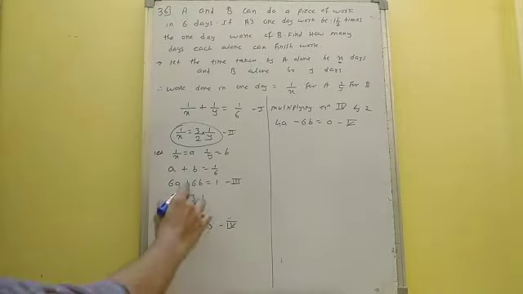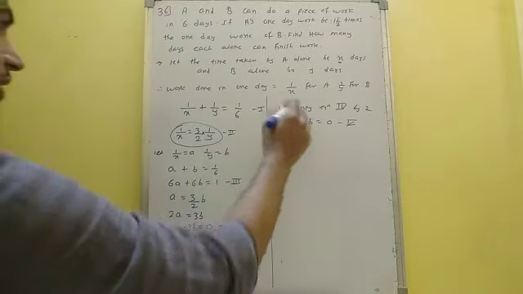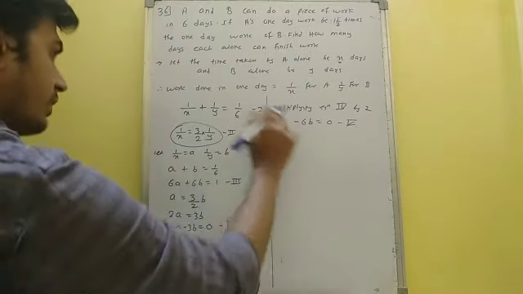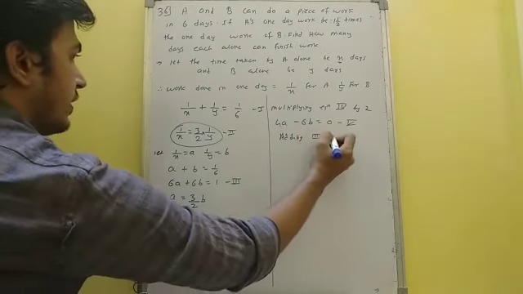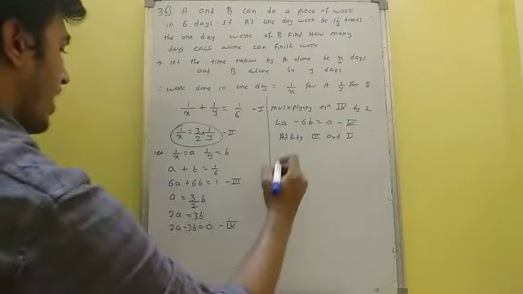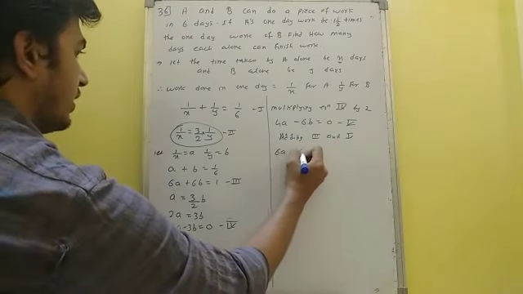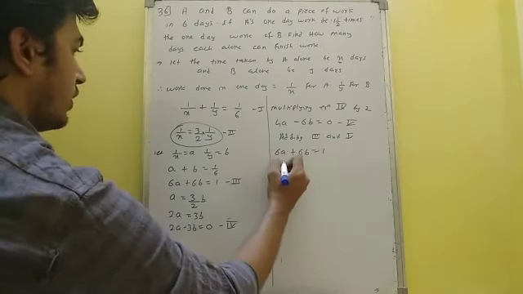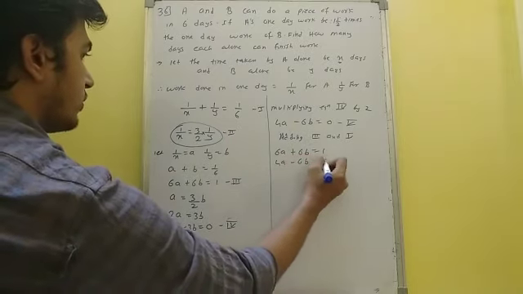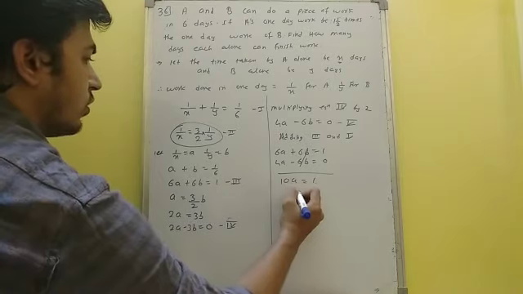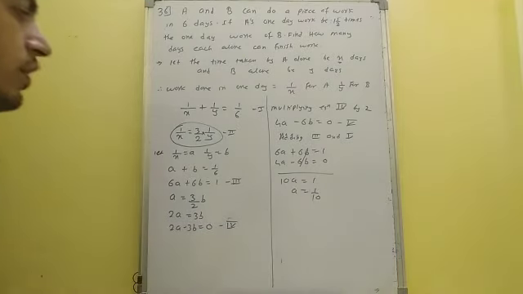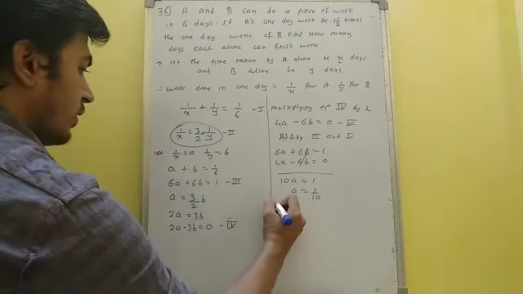Now adding equations 3 and 5, we have 6a and 4a, plus 6b and minus 6b, which cancel. 10a is equal to 1, so a is equal to 1 upon 10.